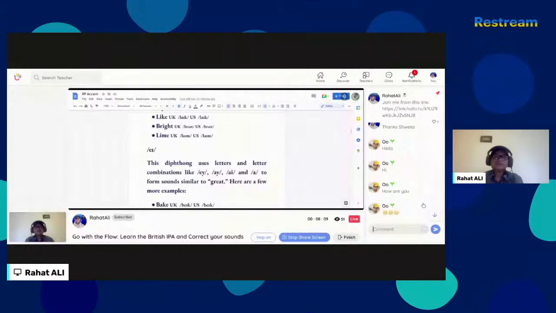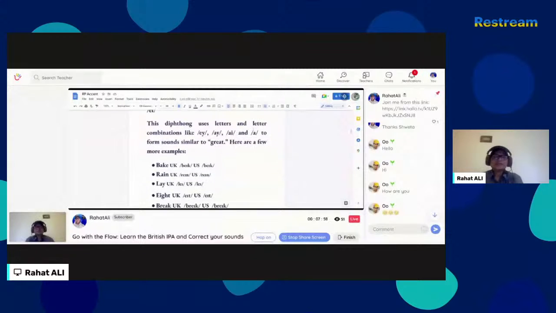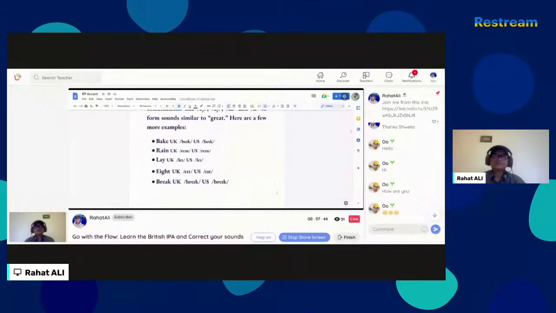Here are a few more examples like bake, rain, lay, eight. This word eight can have two pronunciations in the UK. So eight and et, both are correct. Break.